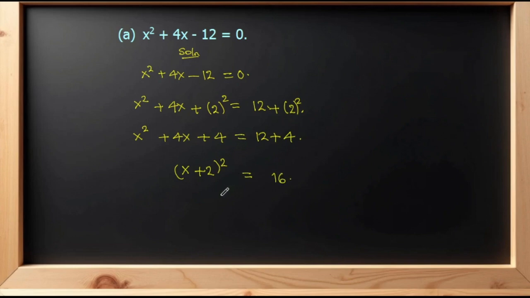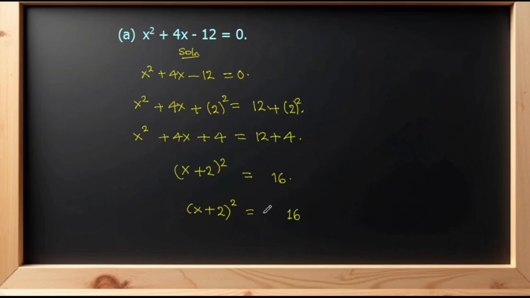Now having done this, we go ahead and take the square root on both sides. So we can rewrite our work down here. x plus 2 squared should be equal to, so for us to get the square root, we need either positive or negative of that.